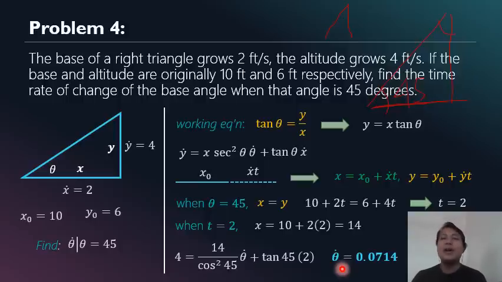Okay? So, before I end this lecture, let us have a recap. Pag nagsosolve ka ng related rates problem, kinakailangan maka-formulate ka ng working equation. After mag-formulate ng working equation, of course, you differentiate always with respect to t. After differentiating, doon mo lang gagamitin yung mga condition na ibinigay. So, pag ginamit mo na siya, makikita mo doon sa equation mo na may hinahanap na quantity.